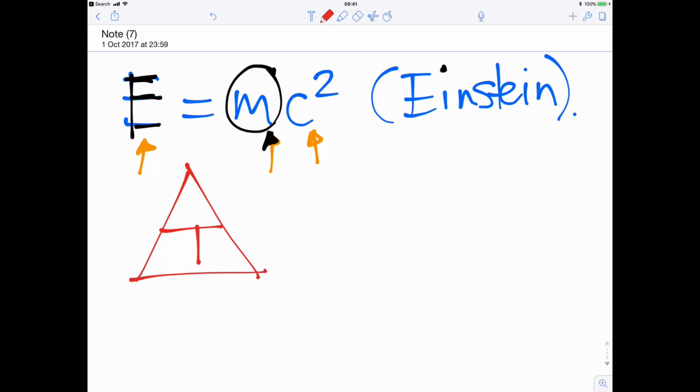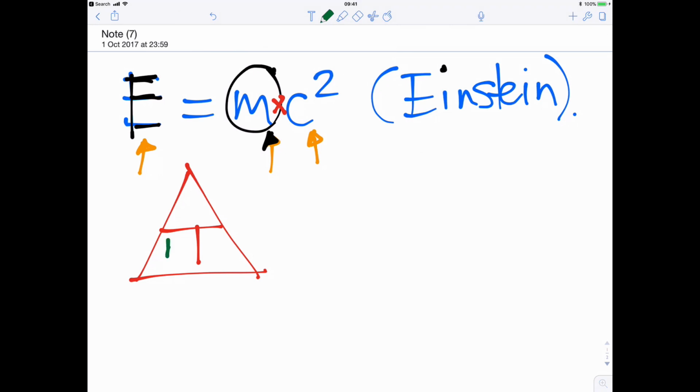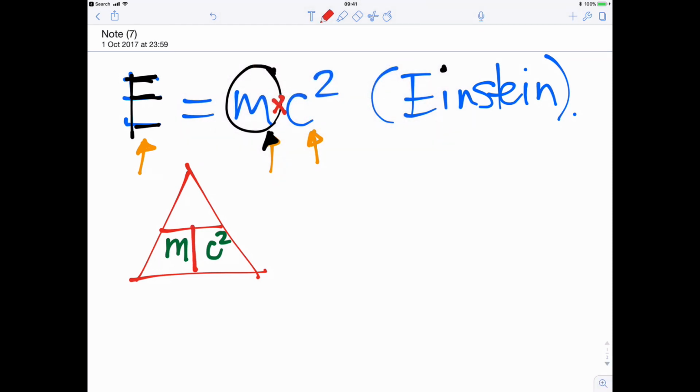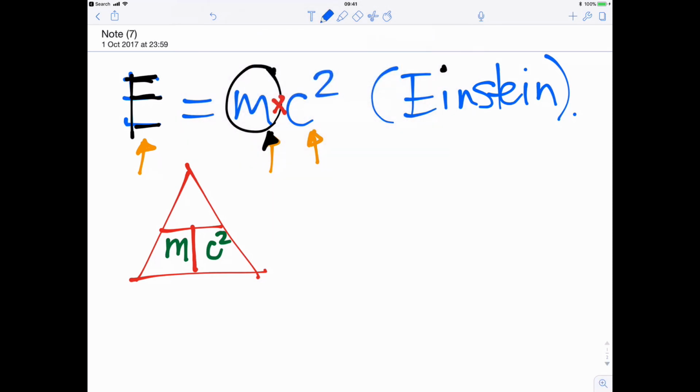Okay, so mc squared is the same as m times c squared, which means that m comes here and c squared goes there because they are multiplying. Let me use a different color for this bit. So that's times.